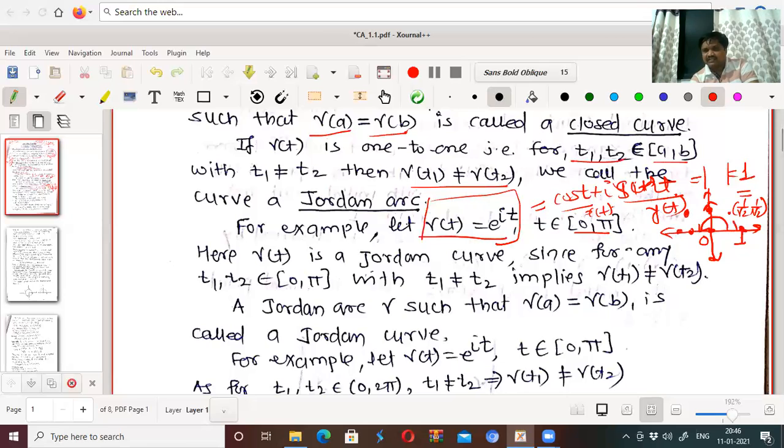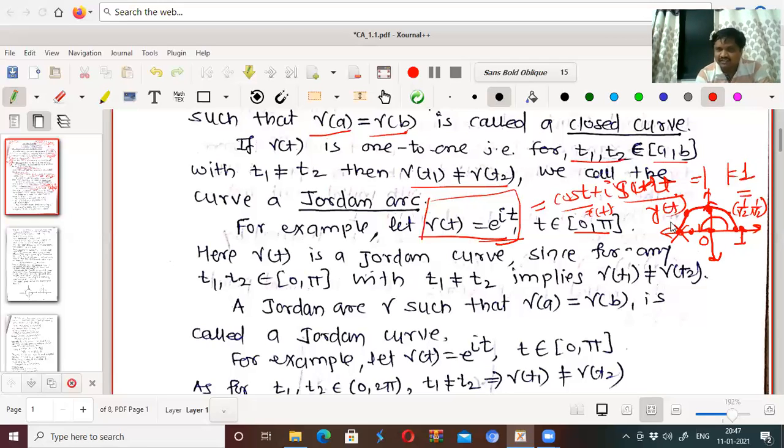So you will get such a type of arc, which is a part of a circle having radius r. So it is a semicircle having radius r. This is the initial point of the curve, and this is the end point or terminal point of the curve.